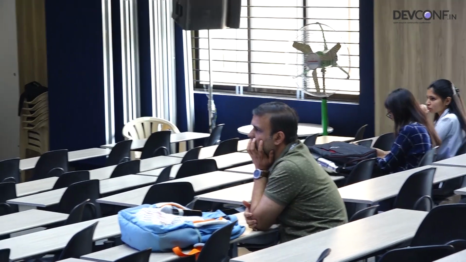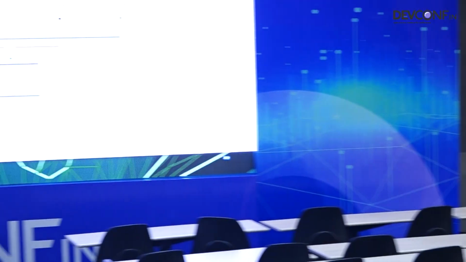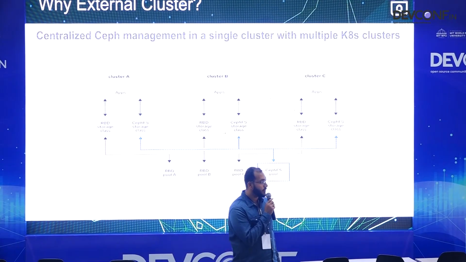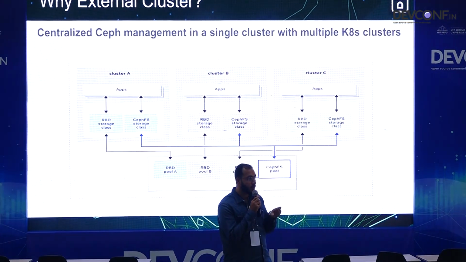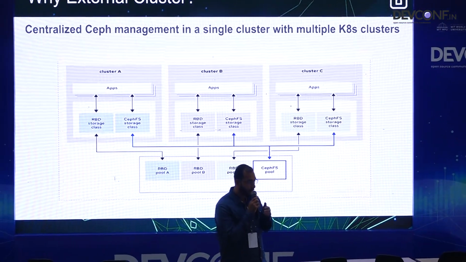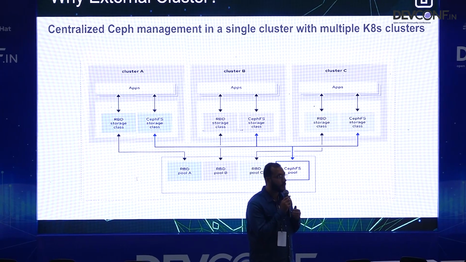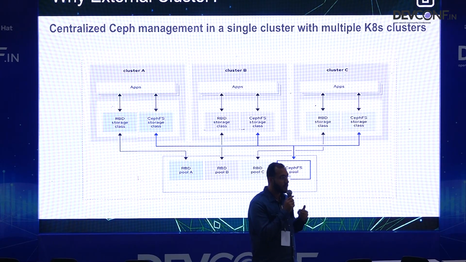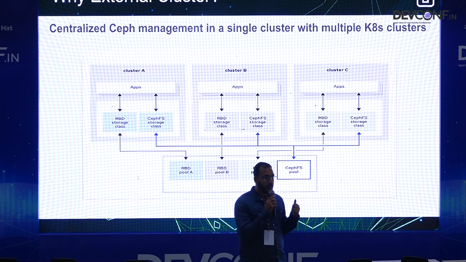Okay, that's a very good question, I would say. Here is the Ceph cluster, and we are connecting to different external clusters. Mostly customers have the Ceph cluster installed by default, as Ceph was introduced far back. The customers who already have the Ceph cluster as a data layer prefer to go with the external mode.